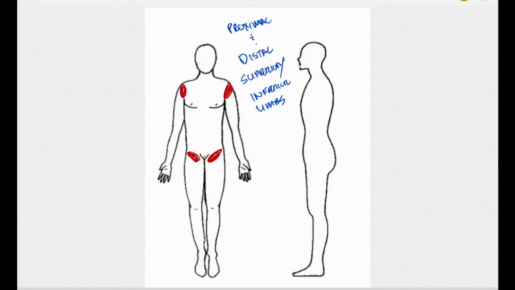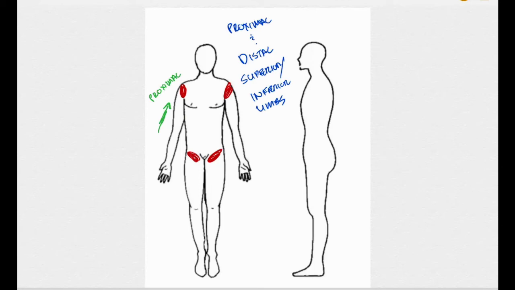Proximal means something's closer to the attachment point. So the shoulder, or the regio deltoidea, is the attachment point of the superior limb to the trunk, right? The superior limb attaches to the trunk in regio deltoidea, or the shoulder. So anything that is closer to this attachment point is proximal. And the opposite goes the same way.